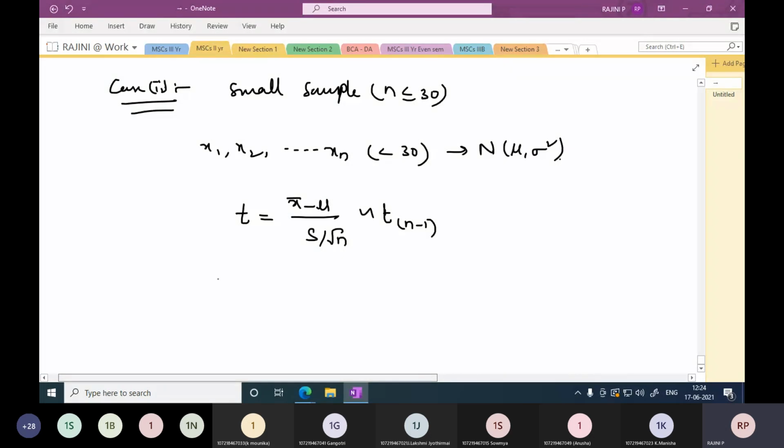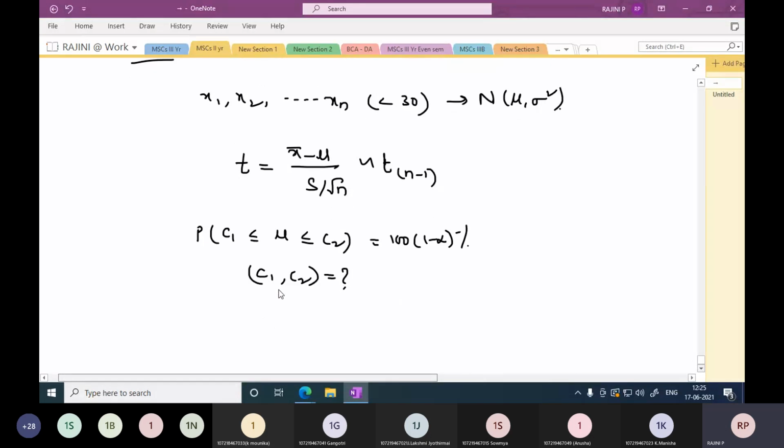Then, by the definition of the confidence interval, you need to find the interval for mu with 100 into 1 minus alpha percentage. So you need to find the C1 and C2 values. By the definition of the probability distribution of T, we have T lies between minus T alpha by 2 and plus T alpha by 2, with n minus 1 degrees of freedom.